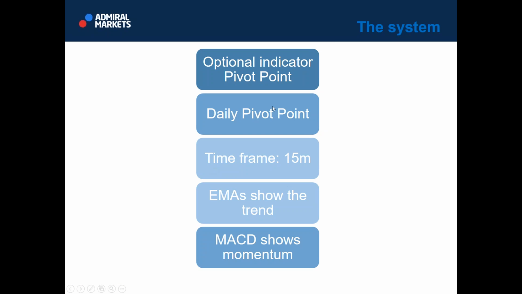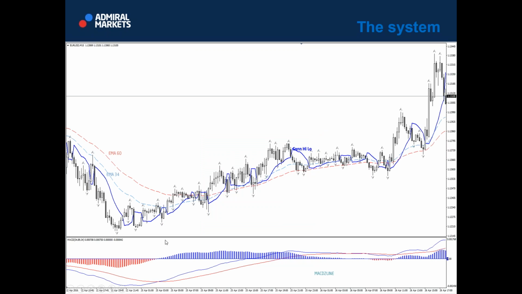So as I said, the time frame for this system is 15 minutes. If you feel that you can experiment with other time frames, you can do it, but originally I stuck to the 15-minute time frame. EMAs show the trend, and MACD shows momentum. So here we have trend, here we also have trend, but we also have momentum.